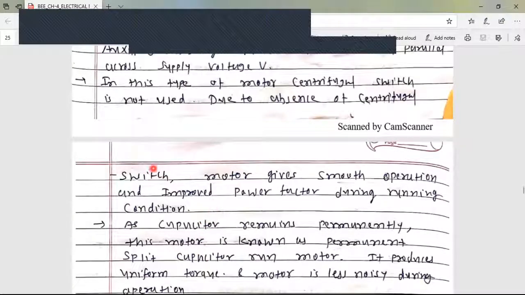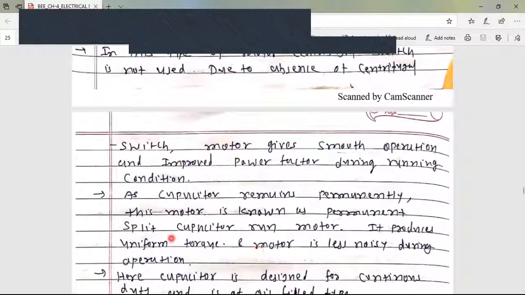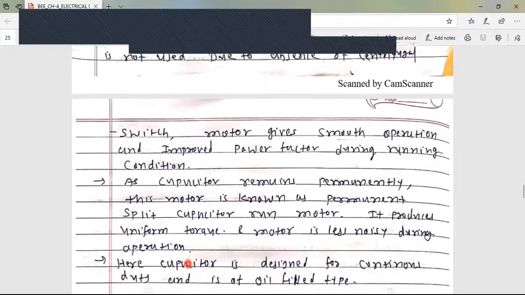Due to the absence of that switch, the motor gives smooth operation and improved power factor. As the capacitor remains permanently in the circuit, this motor is also known as a permanent split capacitor run motor. It produces uniform torque and the motor is less noisy during operation. This is the advantage of the capacitor run induction motor.